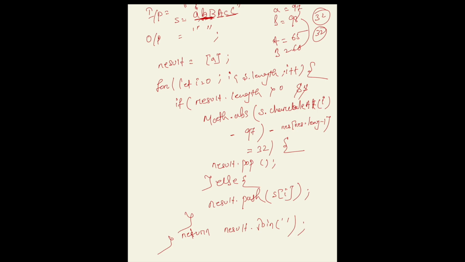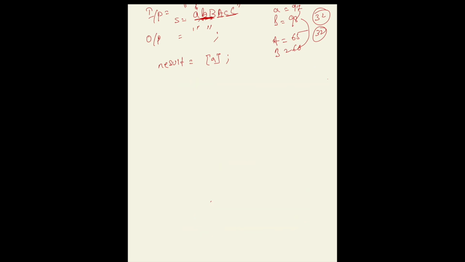Now I'm doing the dry run. I'm removing the code; understand carefully. For the first loop we push A. Next it checks if result.length is greater than 0, yes, and the difference between this B and this A: A is 65 and B is 98, the difference is 33, not 32.